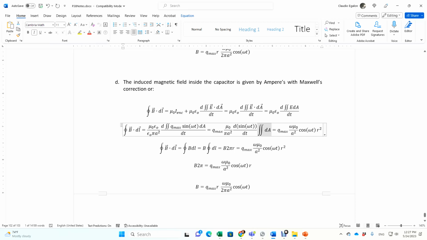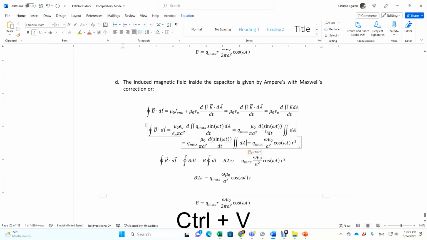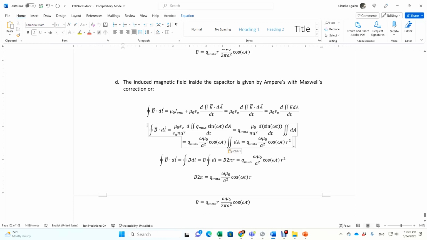So instead, this integral, Q max, the derivative is going to become omega cosine of omega t.